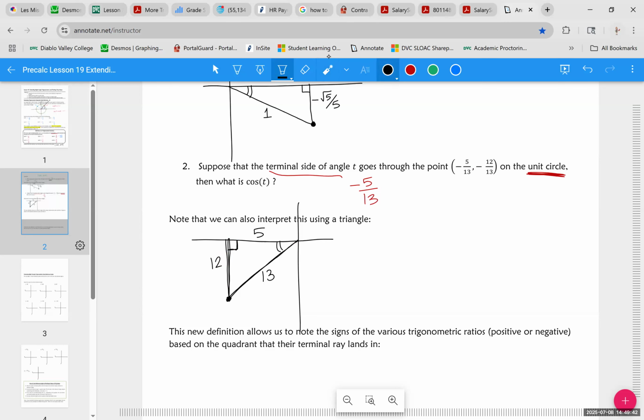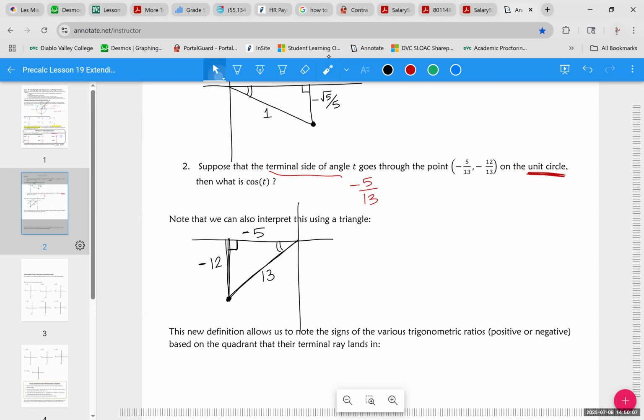So even though I wouldn't usually call a side of a triangle negative, I could in fact consider this -5 and 12 to both be negative, since it is in the negative x direction and the negative y direction, which is what gives me, like we said, that -5/13. The hypotenuse in that case would always be positive.